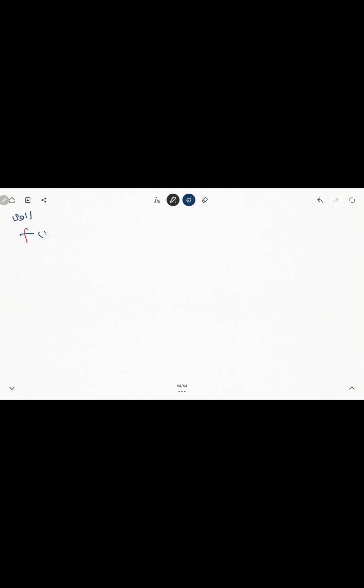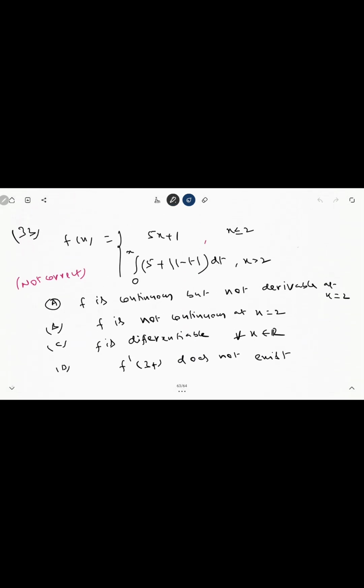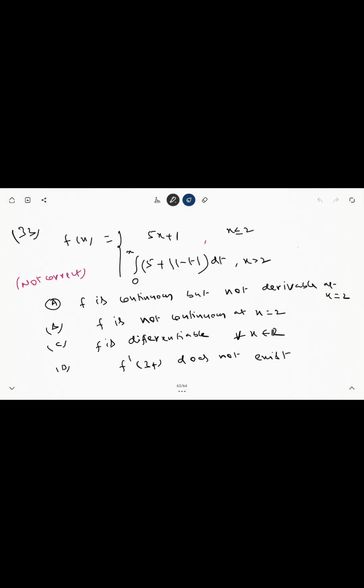f of x is equal to, how to break it? First one no problem, 5x plus 1 only, whenever x is less than or equal to 2. Okay, but what about the second one? 5 we can integrate easily, but 1 minus t is there.